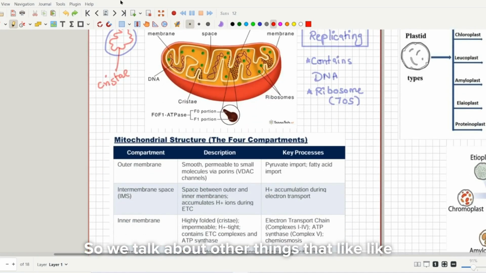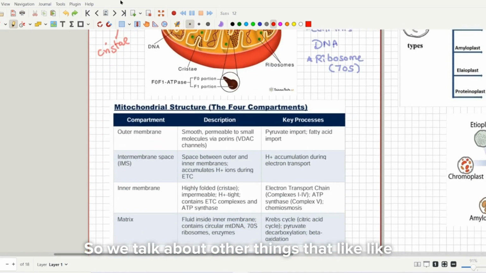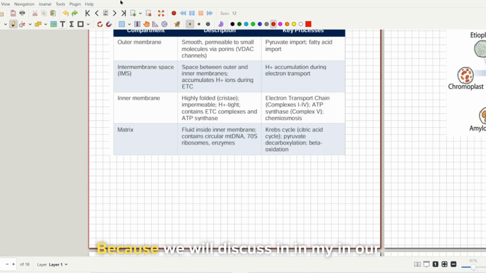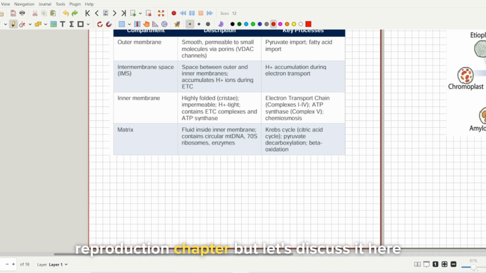Another MCQ that I want to discuss here is: where does the mitochondria in a person come from? We will discuss it in our reproduction chapter, but let's discuss it here again. What is mitochondria?